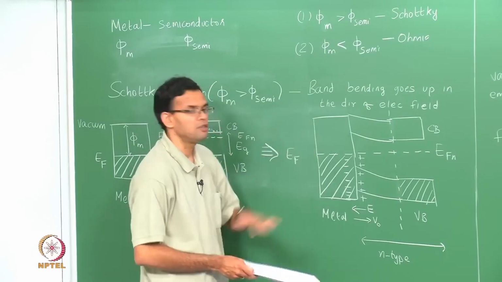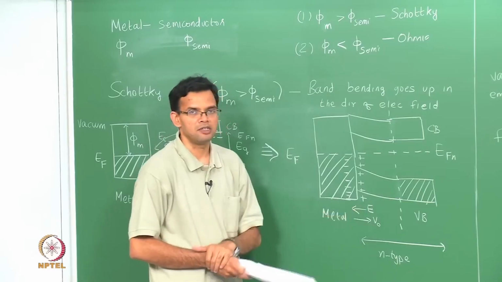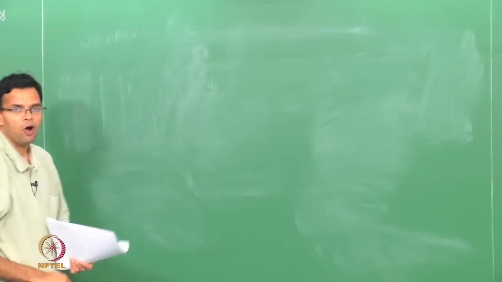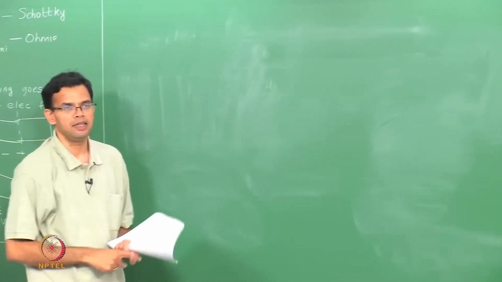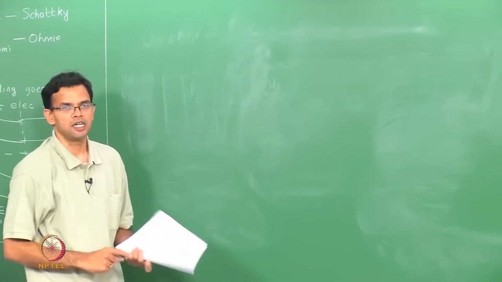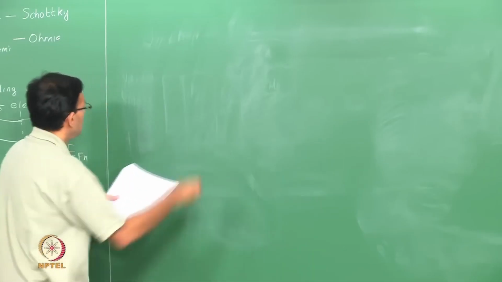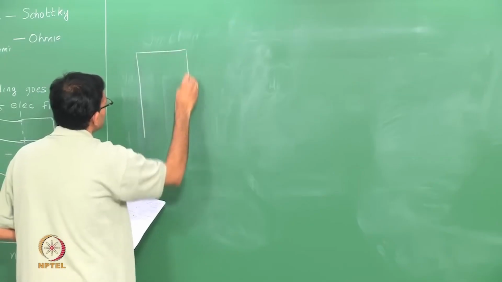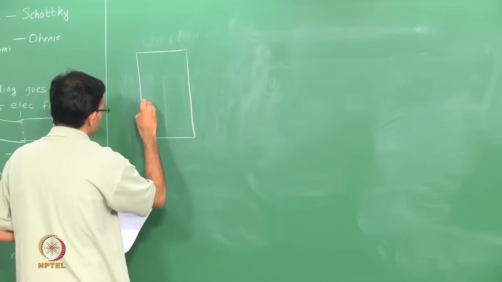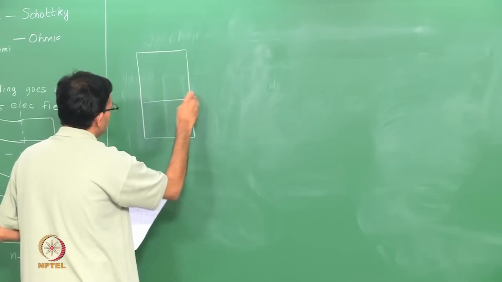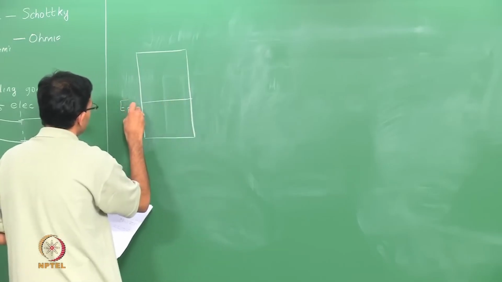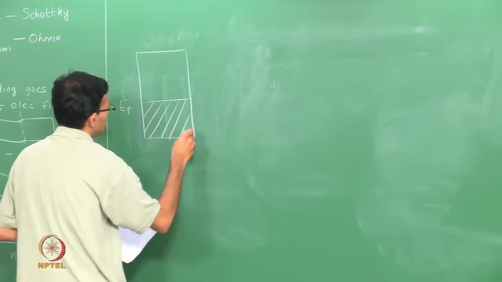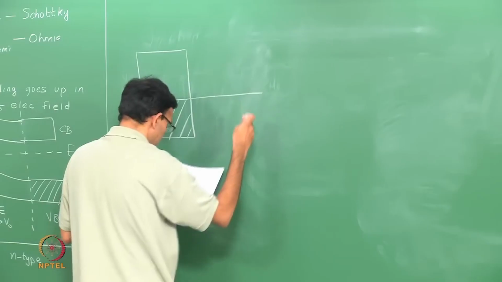So, let me redraw this diagram and mark the various regions here. We have formed the junction between the metal and the n-type semiconductor. The junction is at equilibrium. So, let me just redraw that figure. This is the metal side, and at equilibrium your Fermi levels line up.